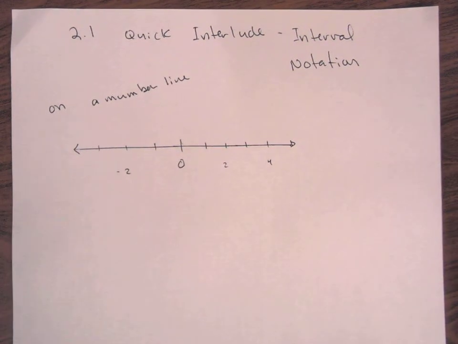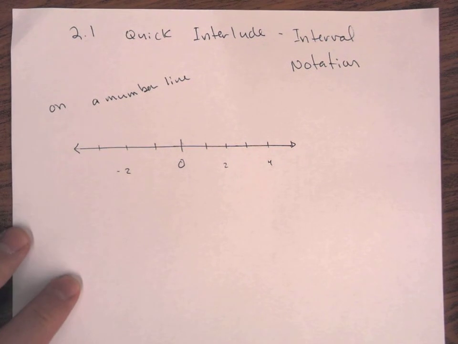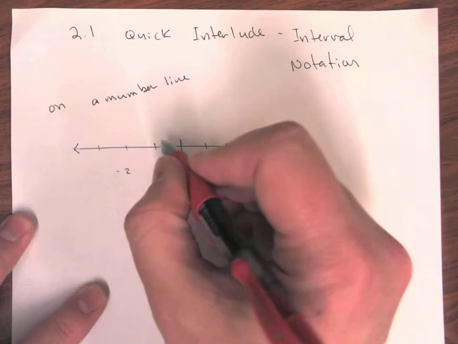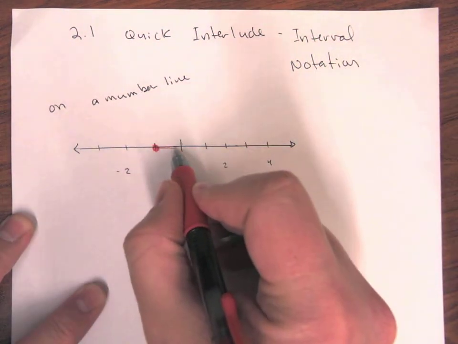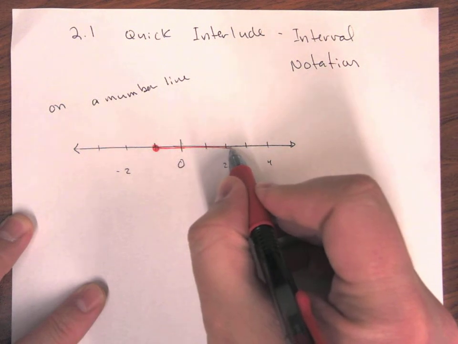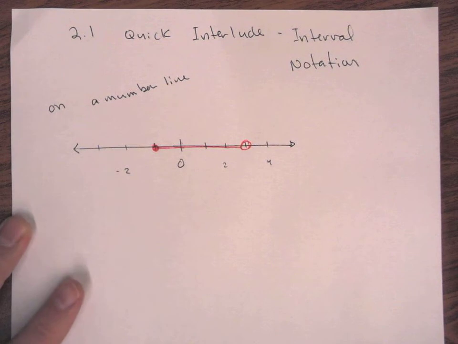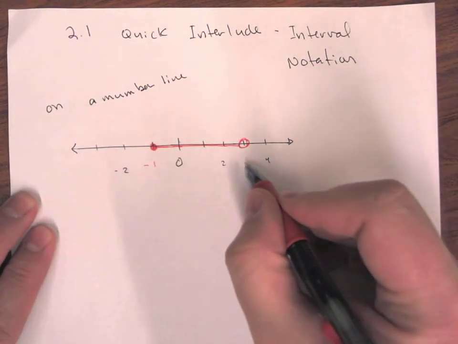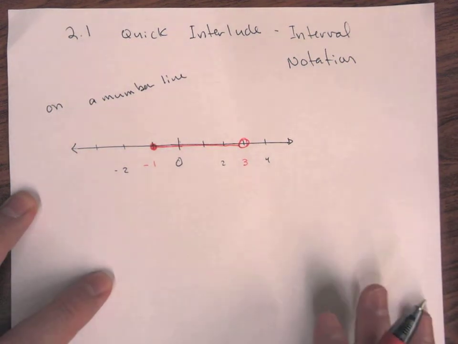So if this is my number line, if I superimpose over this a range of numbers, what I'm going to do is two things. Let's start here, and let's go forwards, and we're going to end here. So this is essentially taking us from -1 all the way up to +3. So on the number line, this would be how we would represent it.